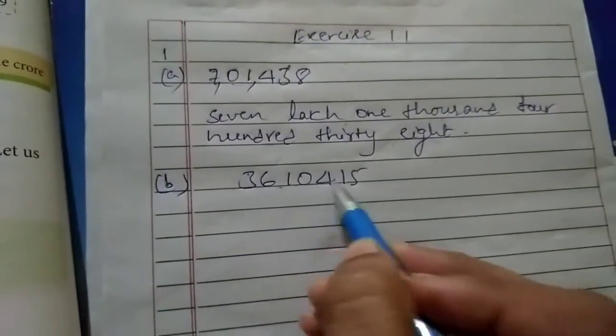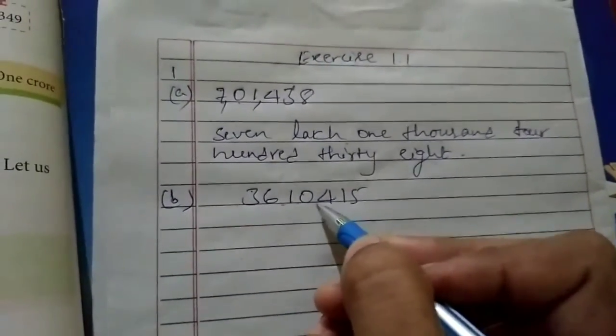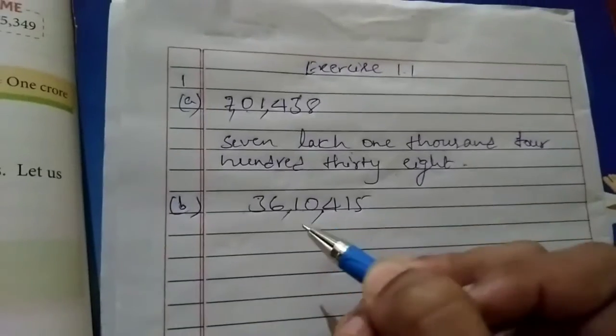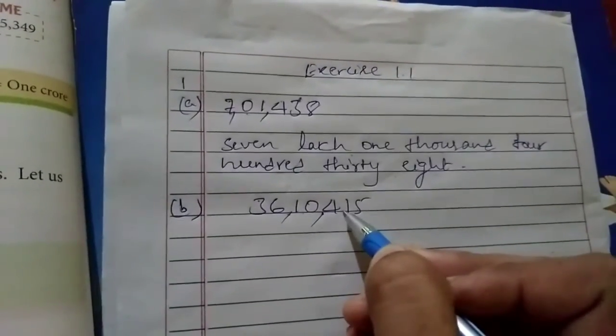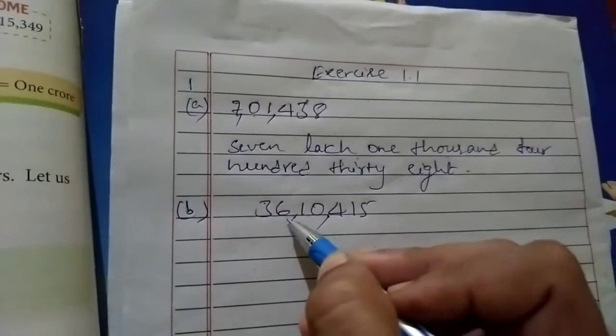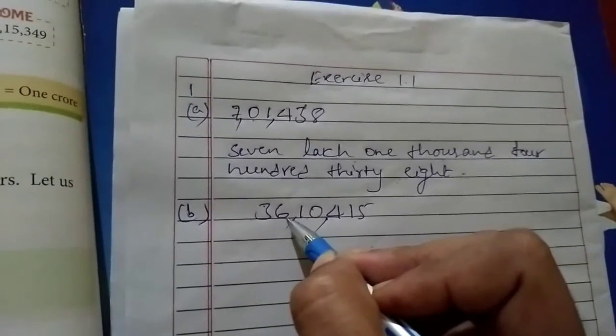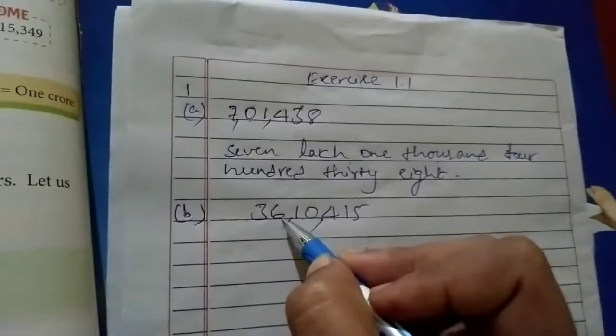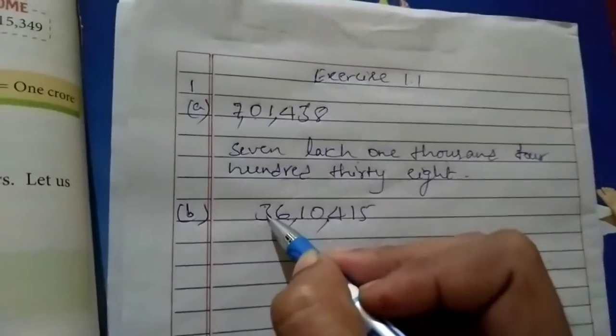And what is the second one? 3610415. Put the comma. Ones, tens, hundreds, 1,000, 10,000, lakh and 10 lakh.